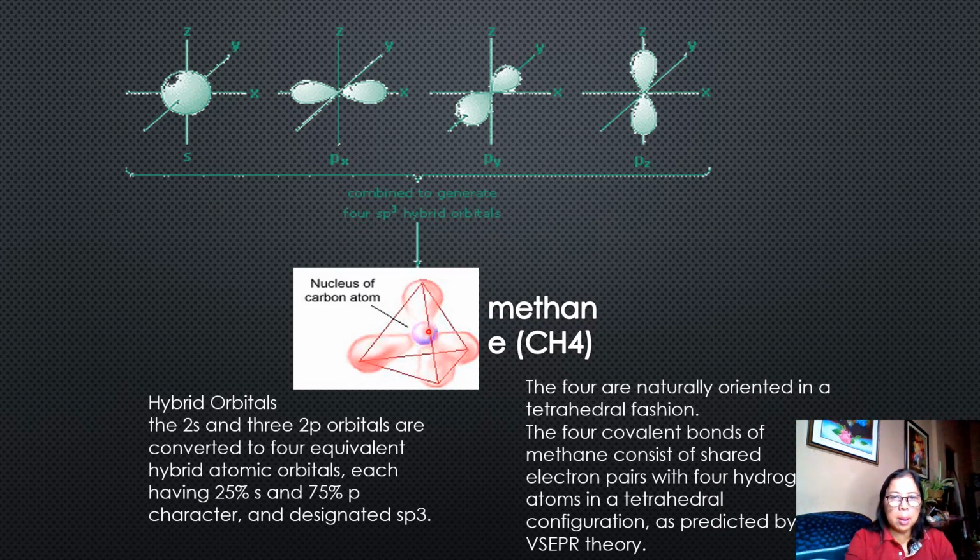The violet there is actually your s orbital, and if these are the px, py, and pz orbitals, you could really place here in the py orbital one circle for your hydrogen, and then for px another, and then for your py another, to have the CH3 formula.